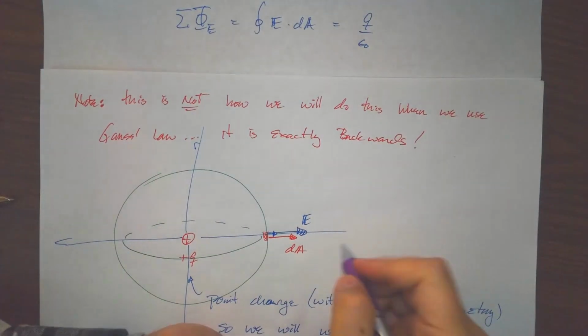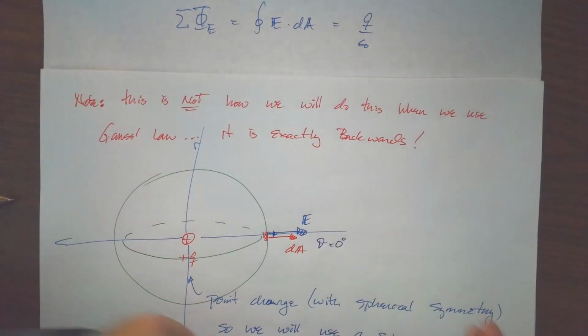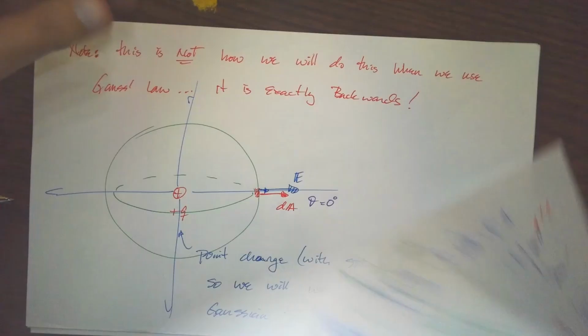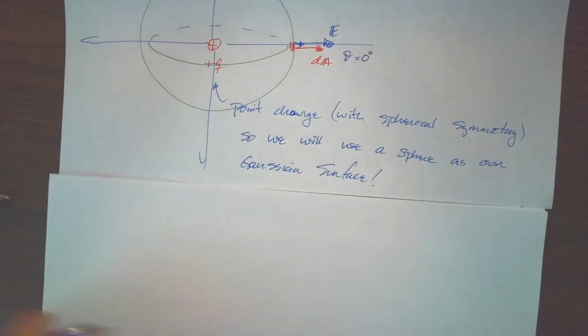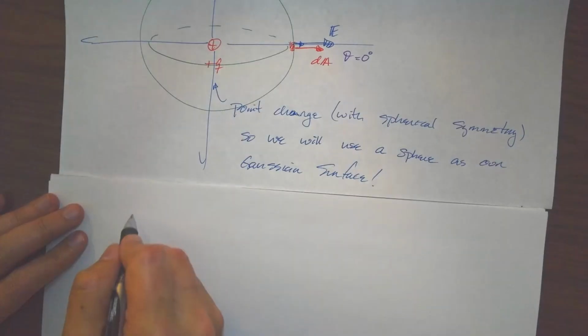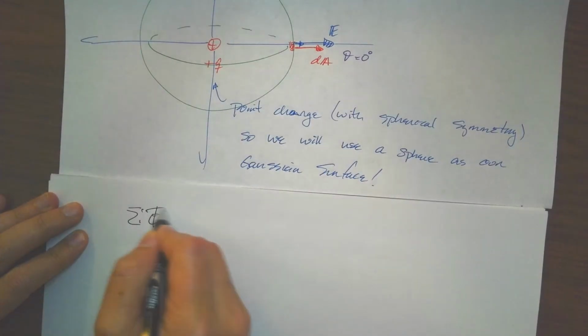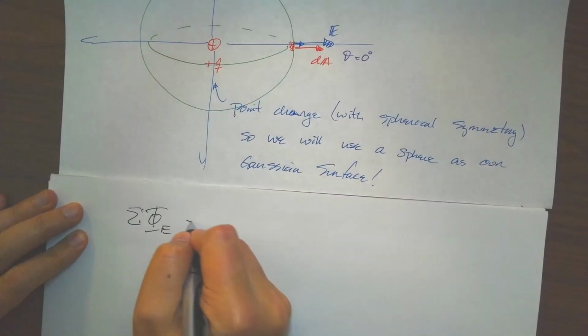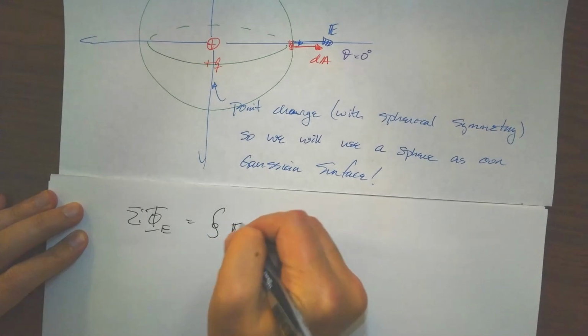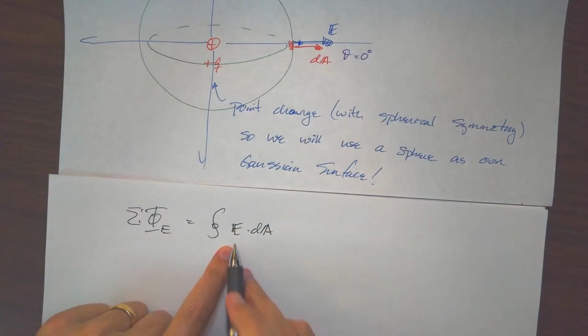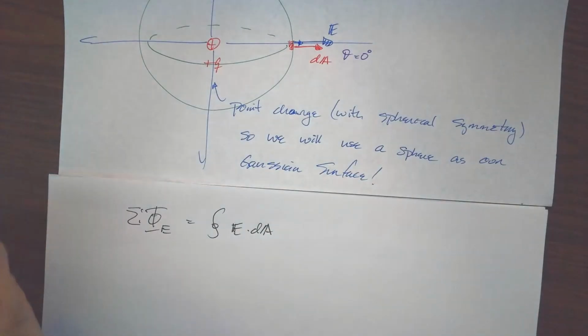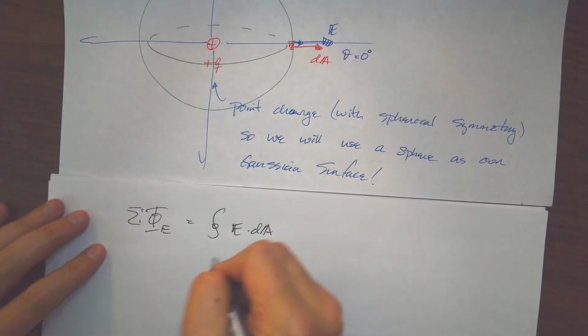So therefore our angle will be 0. And so the way this will go is that when we find our net electric flux over the Gaussian surface of E dot dA, we're going to argue that by symmetry, the electric field is constant over the entire surface.